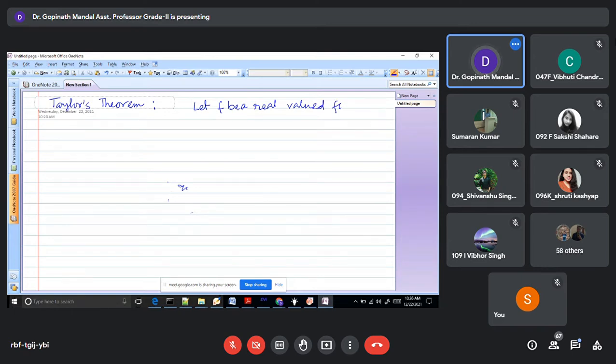A real valued function having n plus 1 continuous derivative.